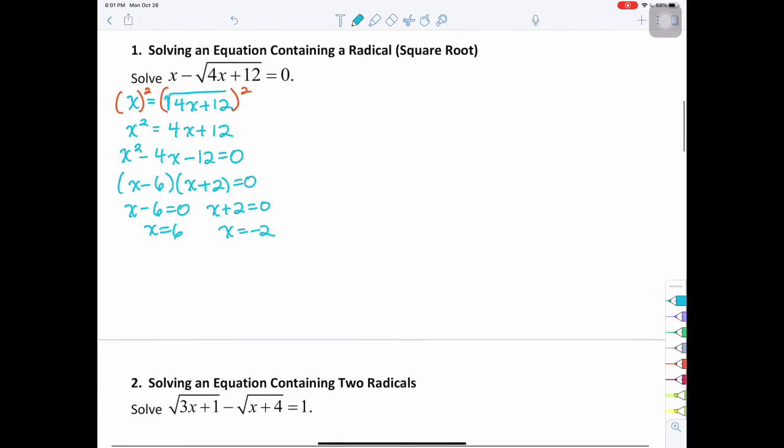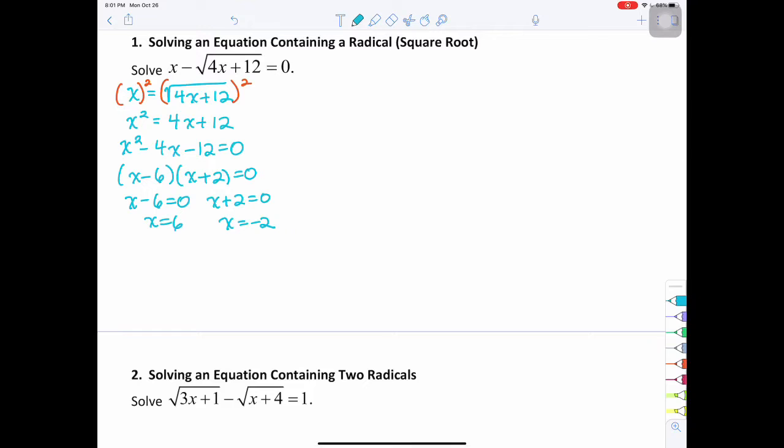Now, we do need to check these. We can go somewhere else on our paper, and I'm going to show you something neat on the calculator. This one's a little simple, so maybe we don't need it. We're going to check x equal to 6 in our original equation. Everywhere there's an x, we're going to put a 6. 6 minus root 4 times 6 plus 12.